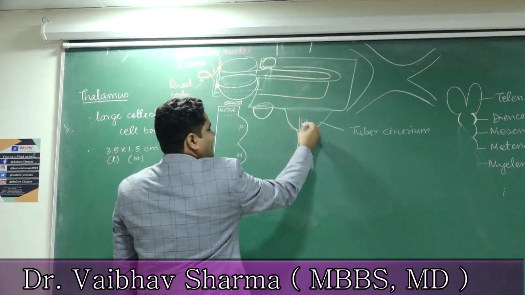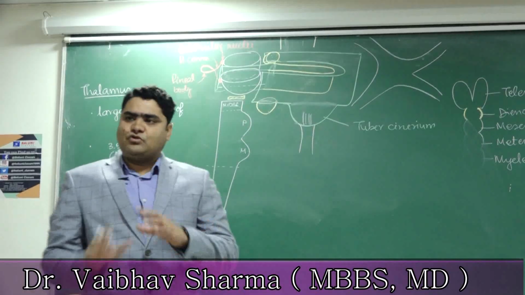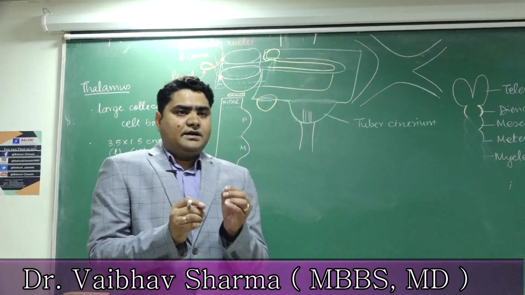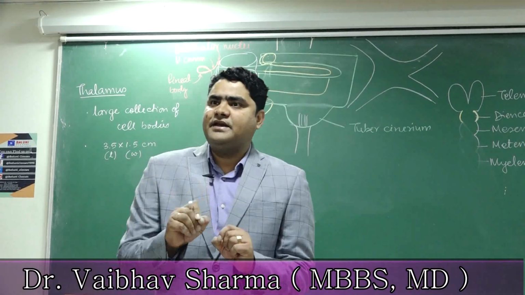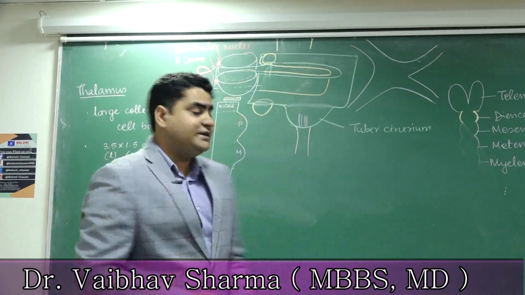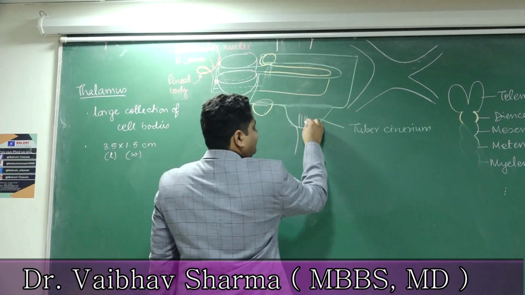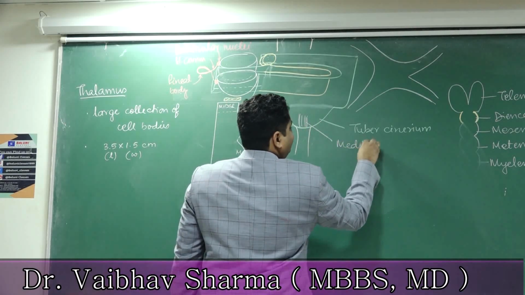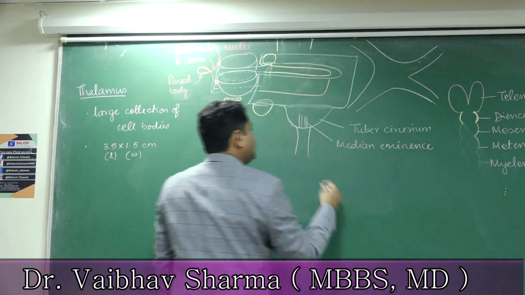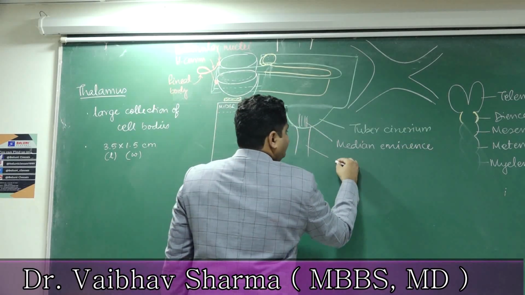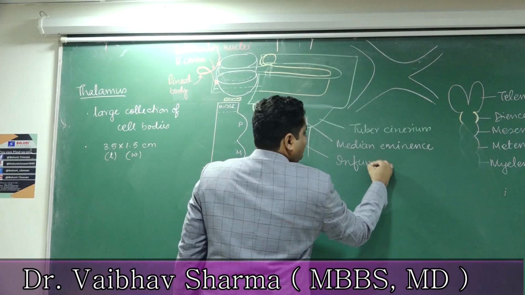Now, there is another swelling in this tuber cinereum which gives rise to infundibulum. Tuber cinereum is a swelling in itself, and the another swelling that is present in the tuber cinereum is called as median eminence. This median eminence gives rise to infundibulum.